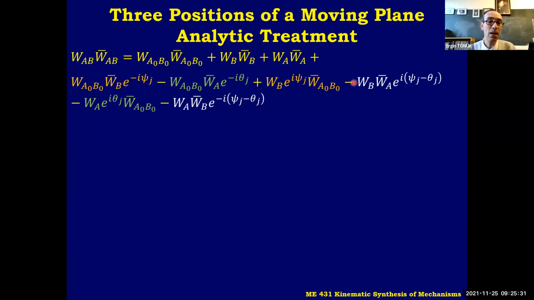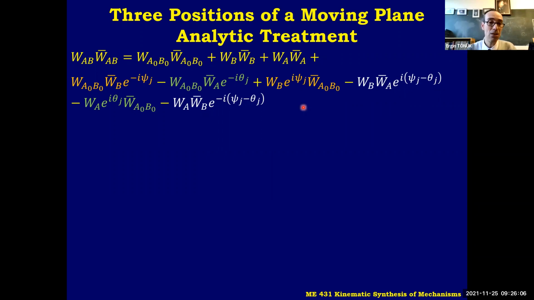And then this blue-purple term, which is actually slightly arranged from the equation, W B, W B bar, W A bar, W A, e to the negative i psi j minus theta j, e to the i psi j minus theta j. So I have, other than those yellows, complex conjugate things added with each other, okay?